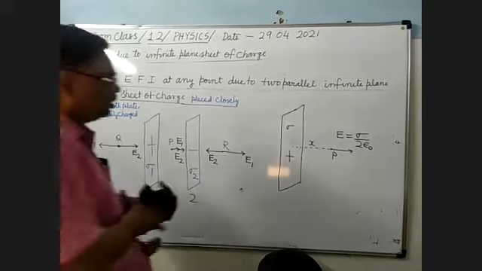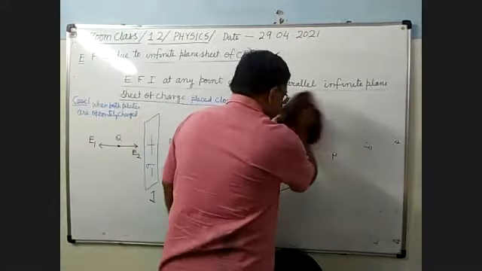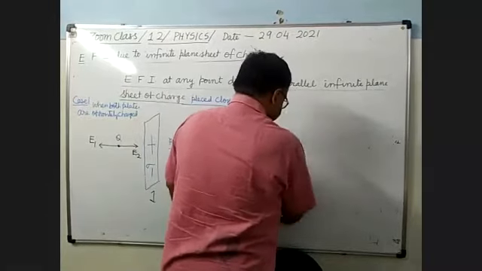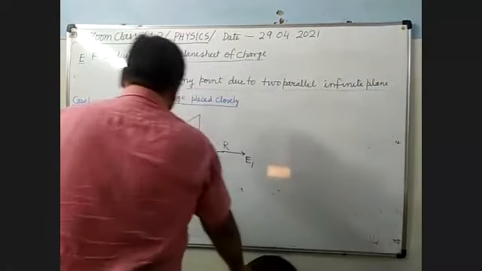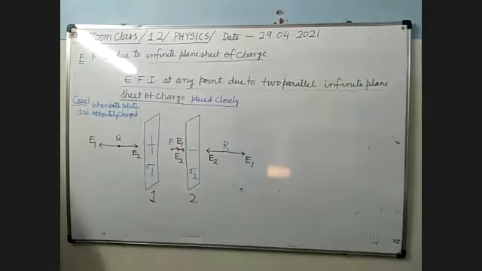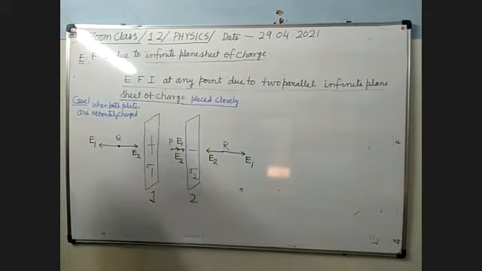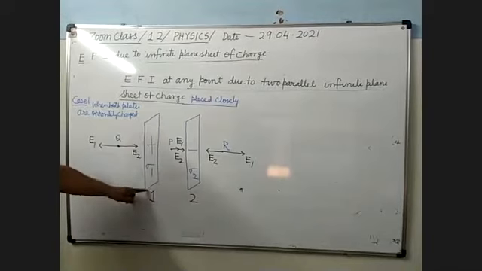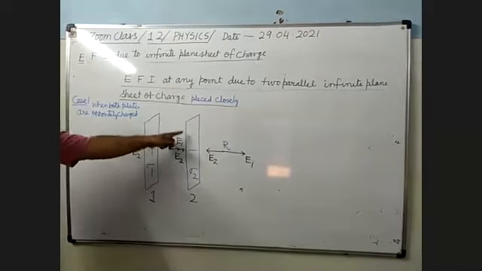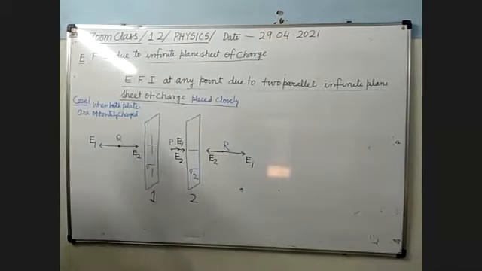So see here, what will be the values of E1 and E2? This plate has surface charge density sigma 1 and this one has surface charge density sigma 2. E1 is the intensity due to plate 1 and E2 is the intensity due to plate 2.